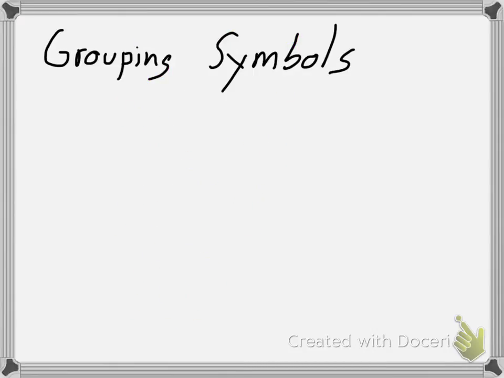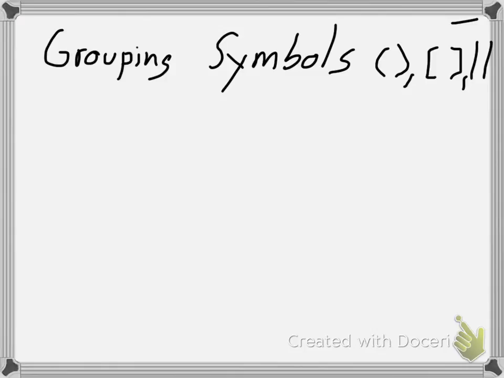Okay, now order of operations also has something else that's important, and we like to call these grouping symbols. The most common grouping symbol are parentheses, but sometimes you might see brackets. You might see something like absolute values. Okay, you might see something like a division sign. These are all different grouping symbols.